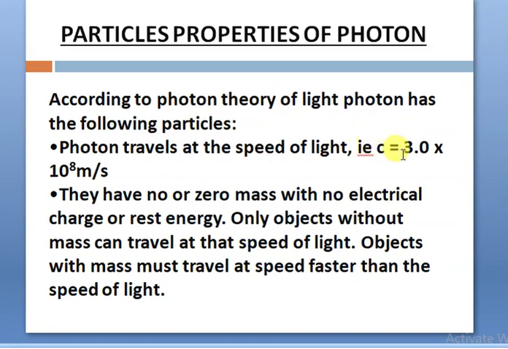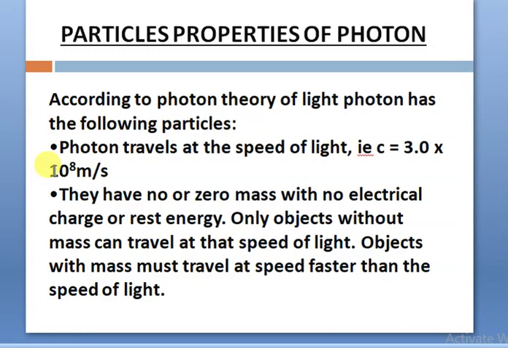So this speed of light has a constant value, 3.0 times 10 raised to power 8. Remember the unit. Speed is measured in meters per second. So this photon we are talking about, they travel at a very high speed, 3.0 times 10 raised to power what? 8.